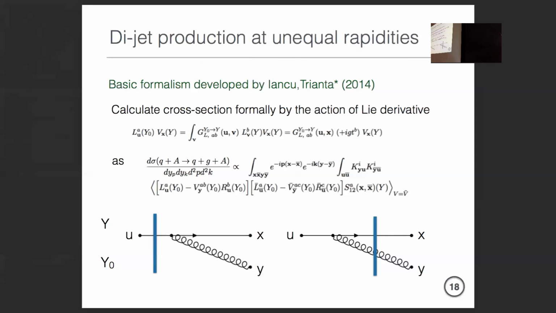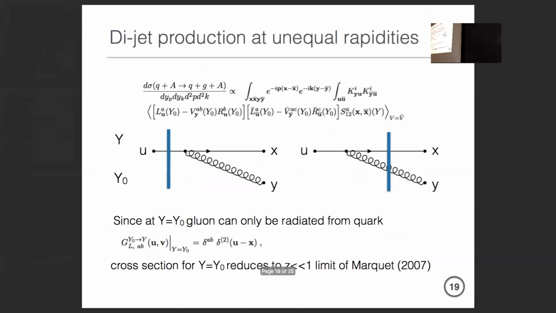So the new ingredient that appears with this rapidity gap is the propagator of how the additional gluon propagates with the rapidity separation, depending on whether you see it as projectile or target evolution.